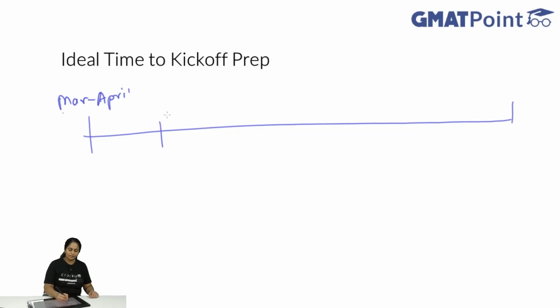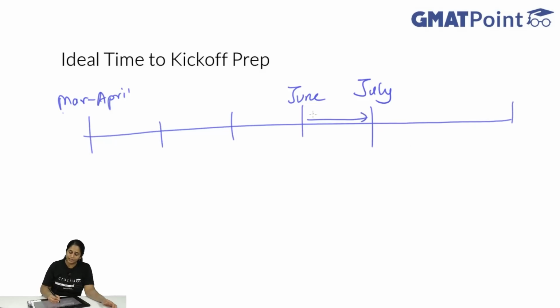So this is March, this is April, this is May, this is June, and in June to say July, they start the application window. The application window is not just 1 month, you can apply till September, October as such, but the window starts in this period.